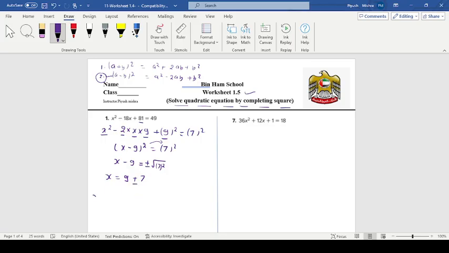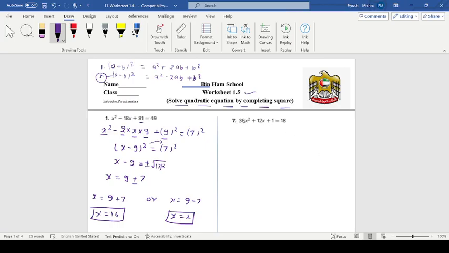One time I will take plus, one time minus, so x is equal to 9 plus 7, or x is equal to 9 minus 7. So x will be equal to 16, this is one answer, and x is equal to 2, this is the other answer. So there are two roots, one is 16 and one is 2.